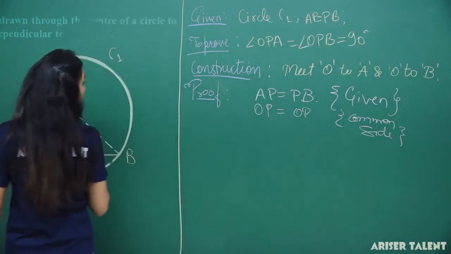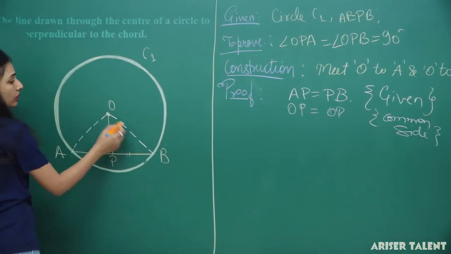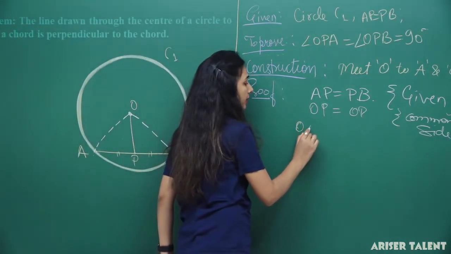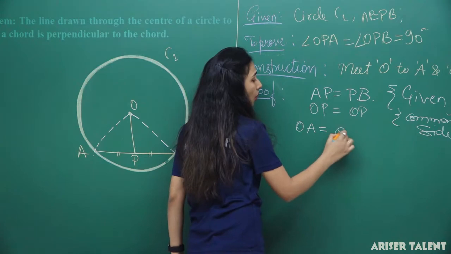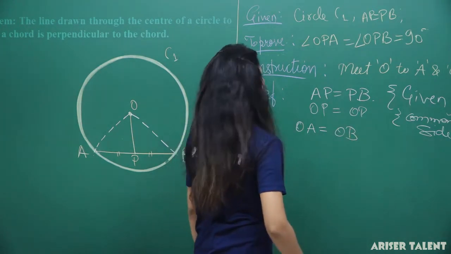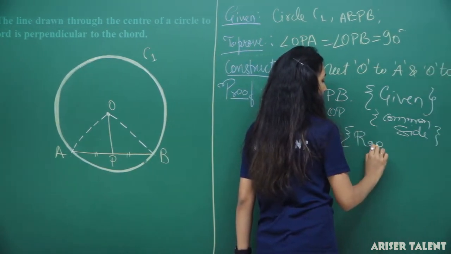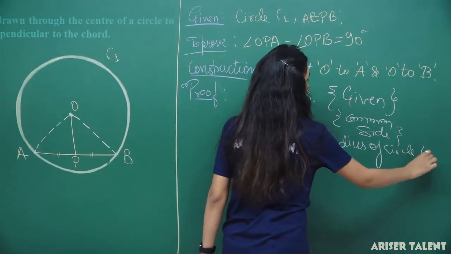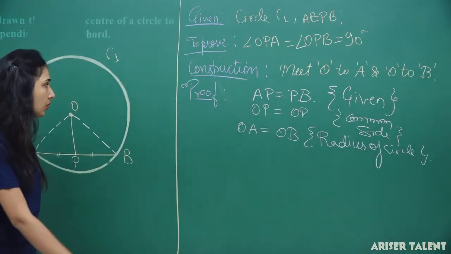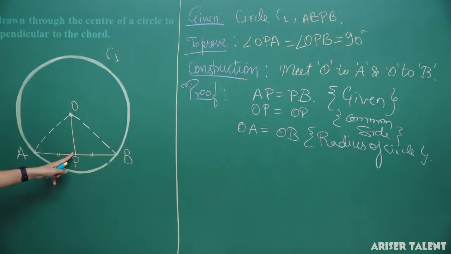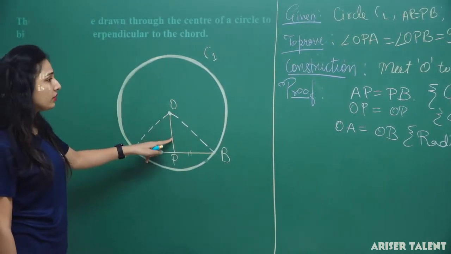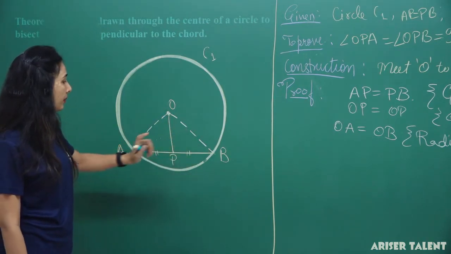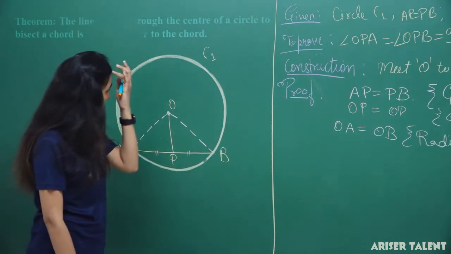Now come here. OA equals OB. Why? Radius of circle. So basically AP equals PB, given; OP equals OP; and OA equals OB.